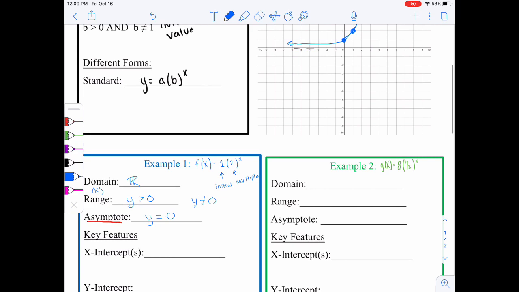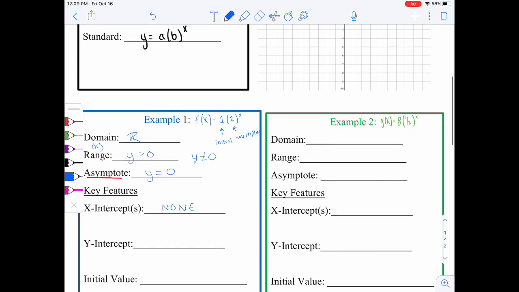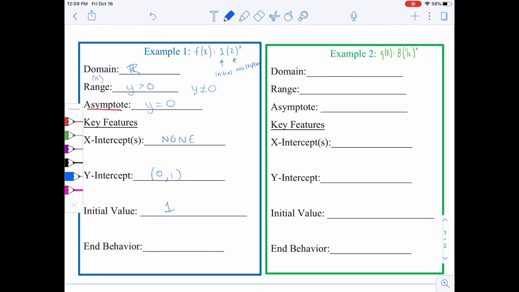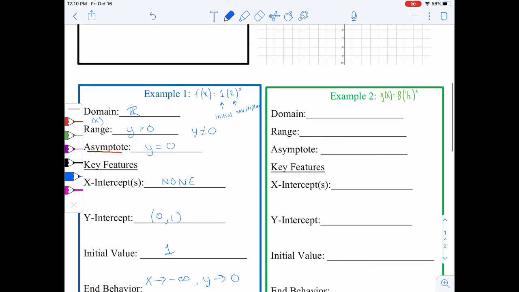We have no x-intercept, but we have a y-intercept at 0, 1. Our initial value is 1, and our end behavior is as x approaches negative infinity, our y is approaching 0.